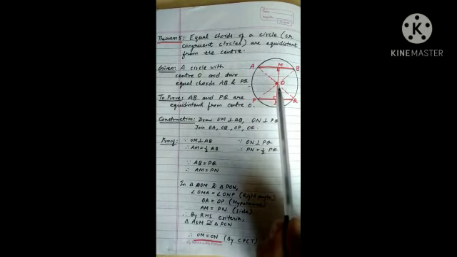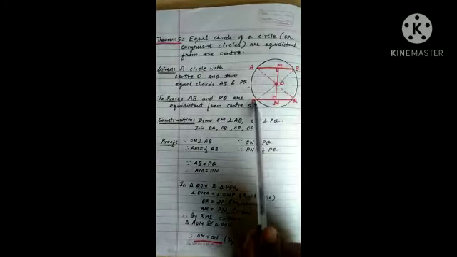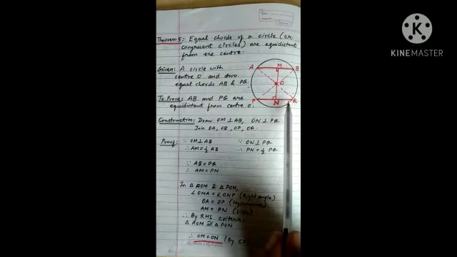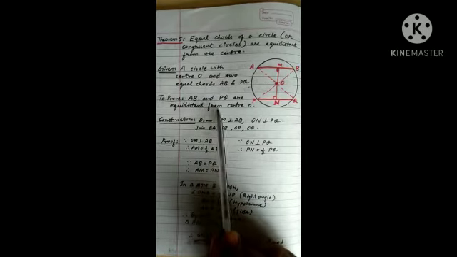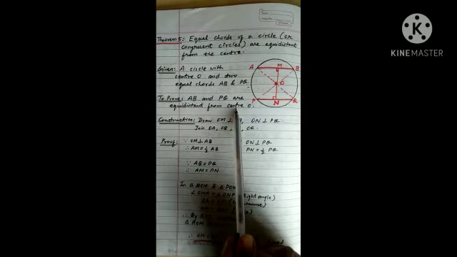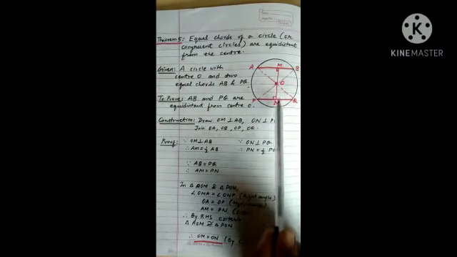So what is given? A circle with center O and two equal chords AB and PQ. We have to prove that AB and PQ are equidistant from the center. It means, according to this figure, we have to prove that OM equals ON.